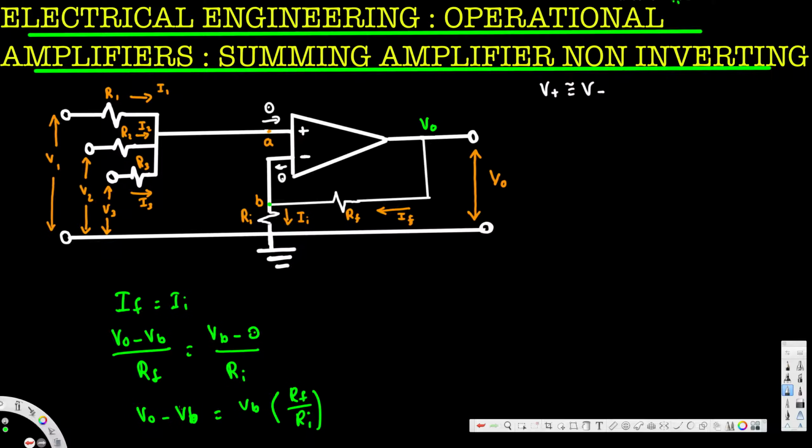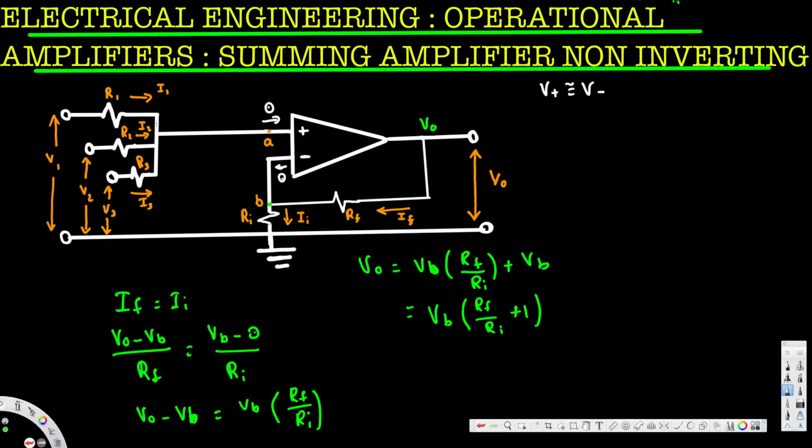And also we can bring this VB to this side, and that's going to make this one VB times RF over RI plus VB. Here we can take VB common. If we take VB common, this is going to be RF over RI plus 1. So this is the equation we derived from this KCL at B.